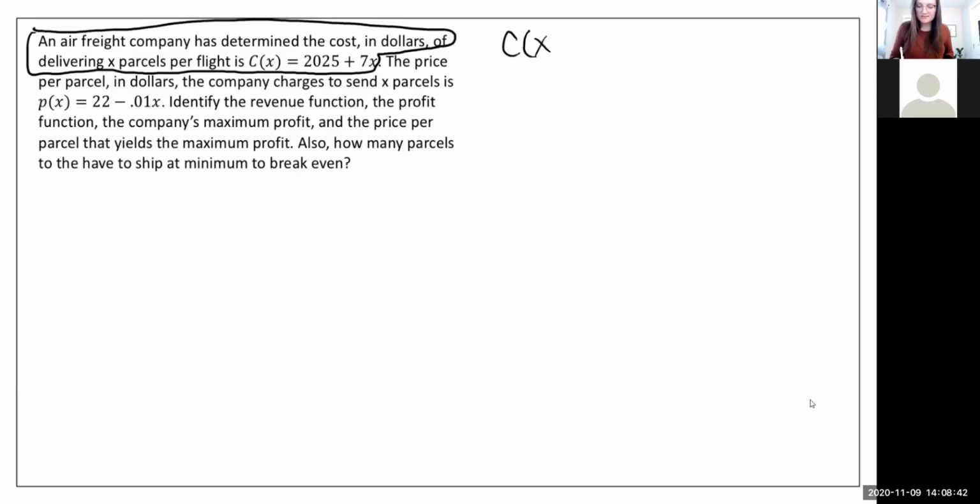So the cost for this company to send or deliver x parcels per flight. So x is the number of parcels per flight, and the cost. So maybe it's like a base cost of this much to fly, and then plus 7 per parcel to deliver, something like that.